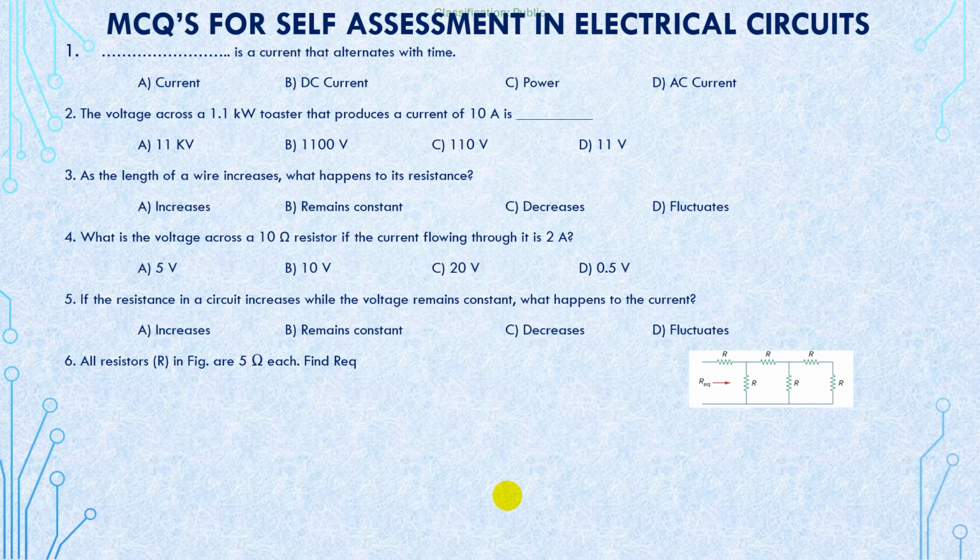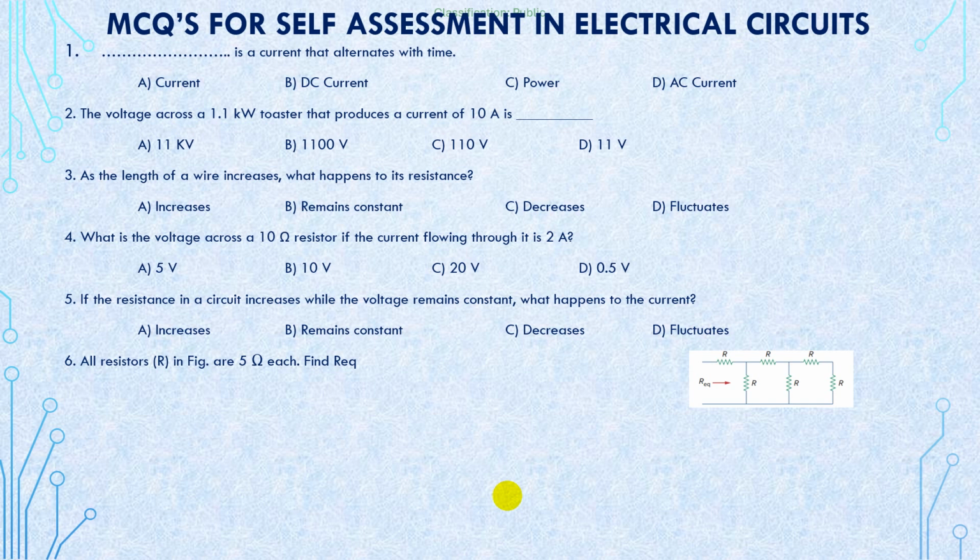10 and 5 in parallel: 5 into 10 divided by 5 plus 10, that is 15, so about 3.33 will come. Next, this 3.33 resistance is again in series with the 5 ohms, so 5 plus 3.33, about 8.33 will come. Then this 8.33 resultant will be parallel with another 5.